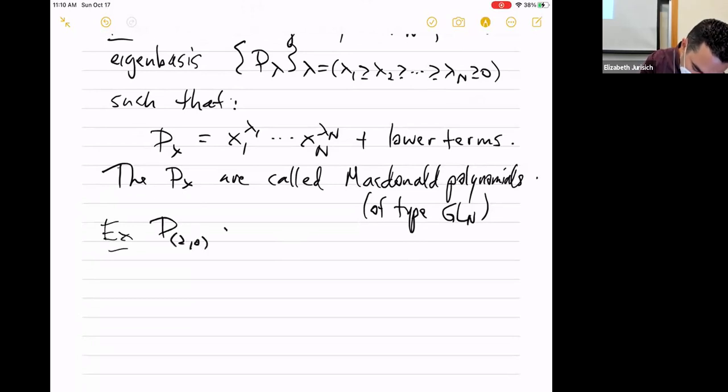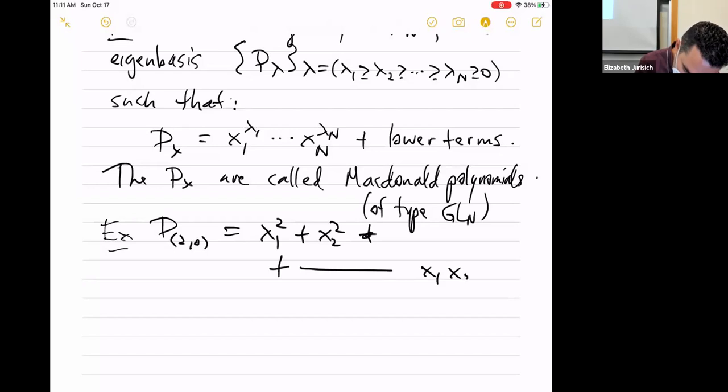P20, let's say our partition is 20. So I have two variables and the partition just has one part. So this one looks like this. You have this leading term, x1 squared, x2 to the 0, and then x2 squared. And then you have one really non-trivial term here.